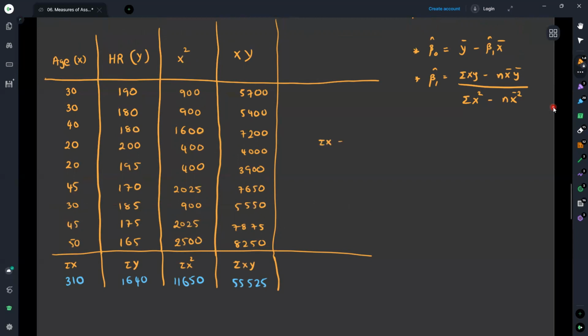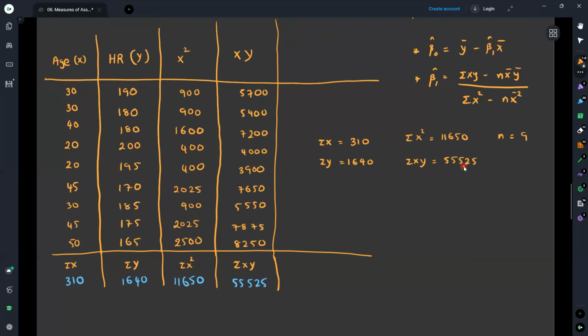Now we have the values, and if you write them separately: summation of x obtained as 310, summation of y 1640, summation of x squared obtained as 11,650, summation of xy obtained as 55,525, and value of n observed as 9.